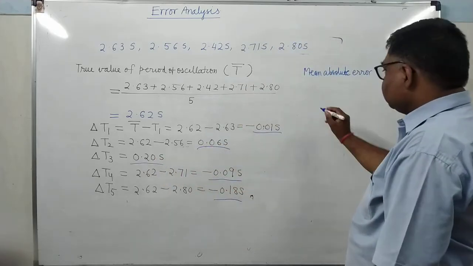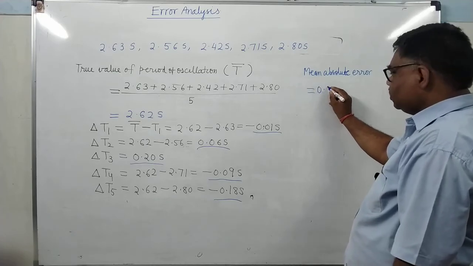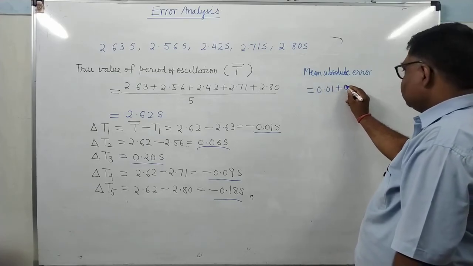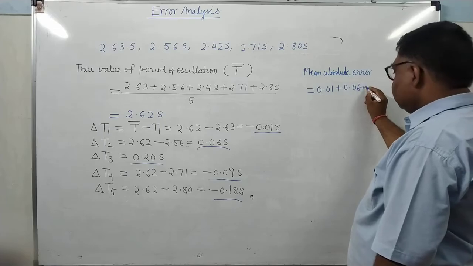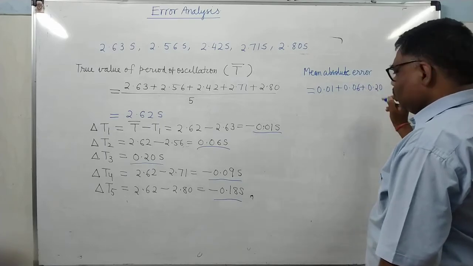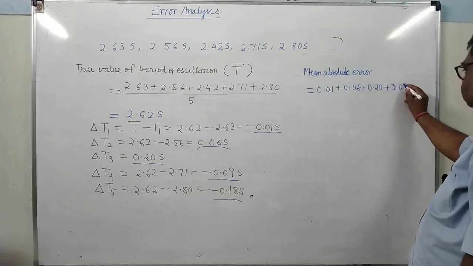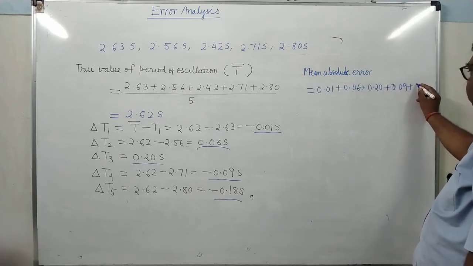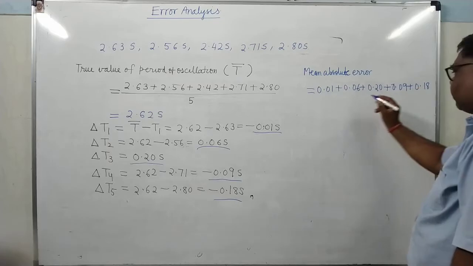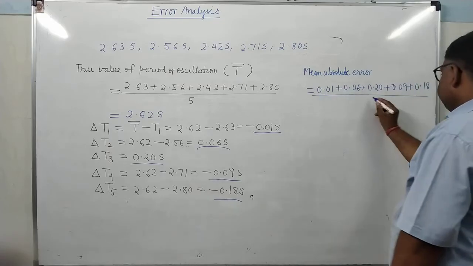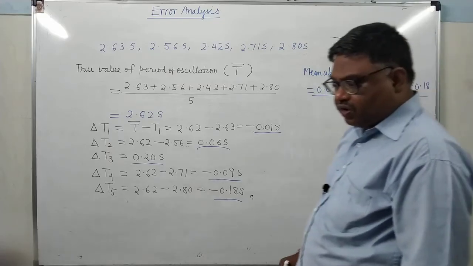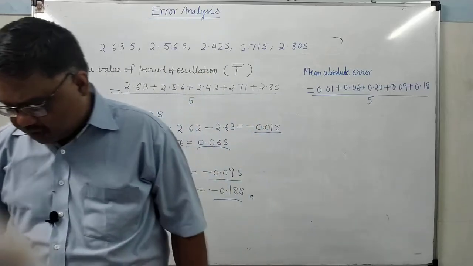So it will be equal to 0.01 plus 0.06 plus 0.20 plus 0.09 plus 0.18 divided by 5. I am not doing the calculation part.